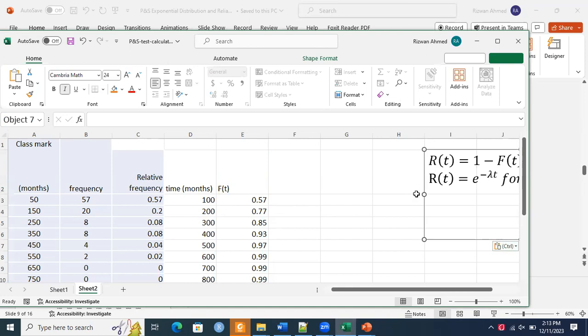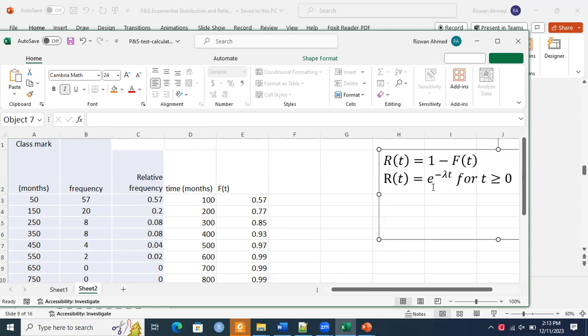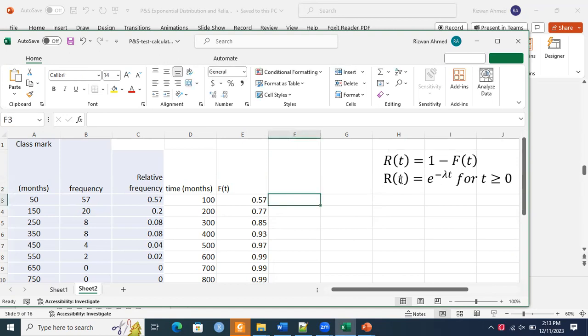So the f of t is 1 minus e raised to the power minus lambda t, right? So we can define r of t, that is a simple one, 1 minus f of t. So it is simple: the probability of components surviving to the time limit.